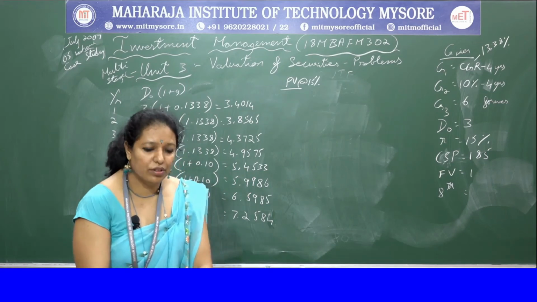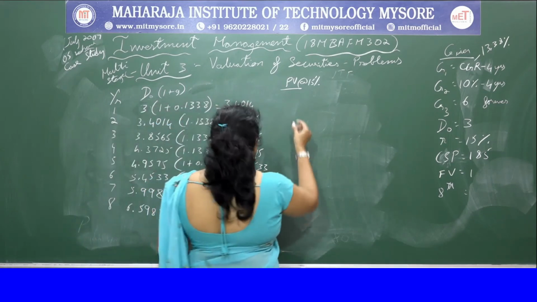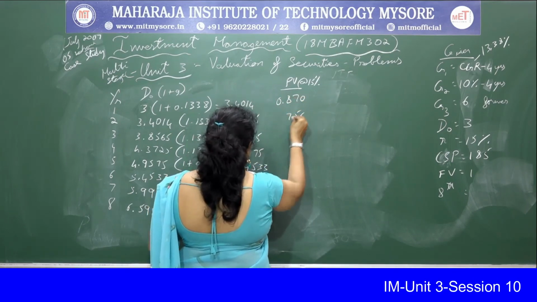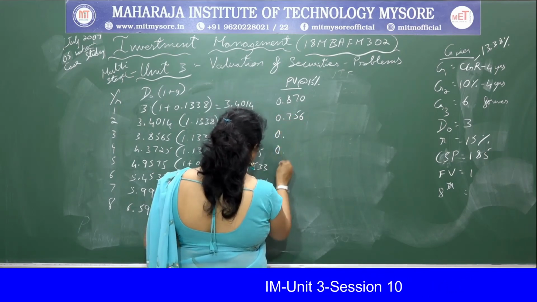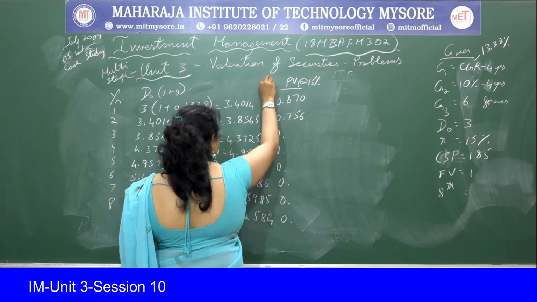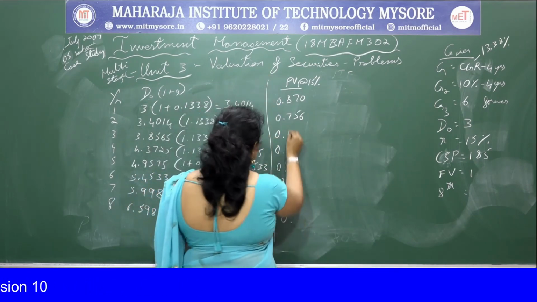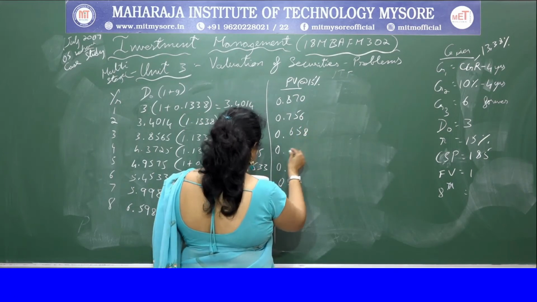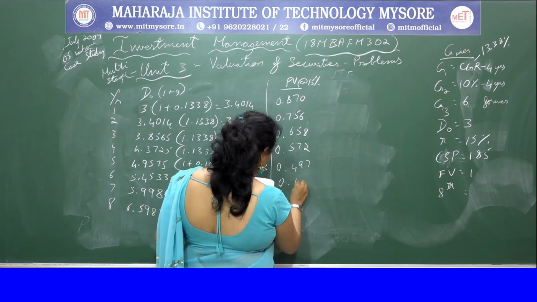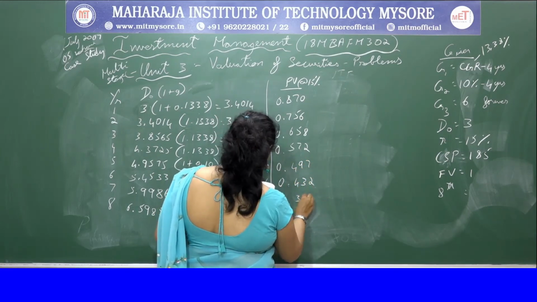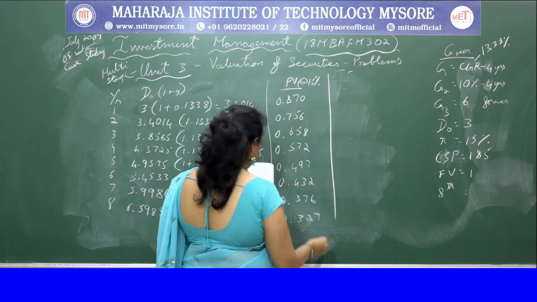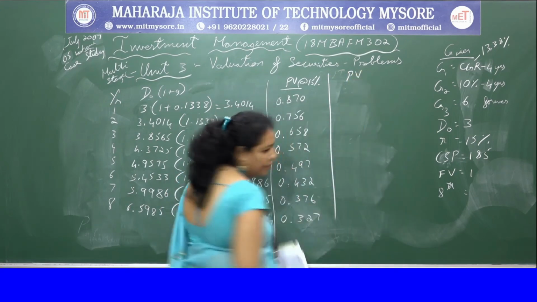I have already taken them down from the book, so I will just write here 870, 756, 658, 572, 497, 432, 376 and 327. Okay, so last one, present value.